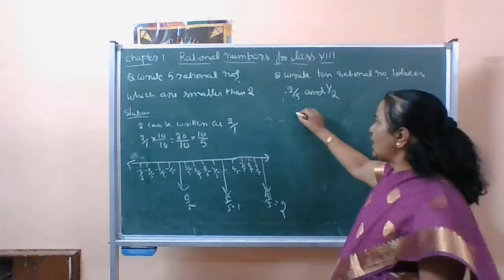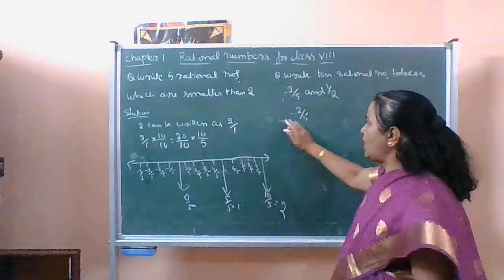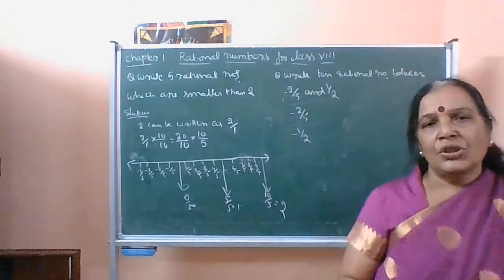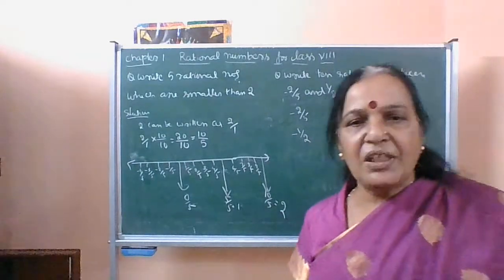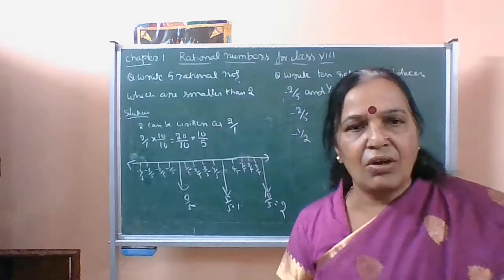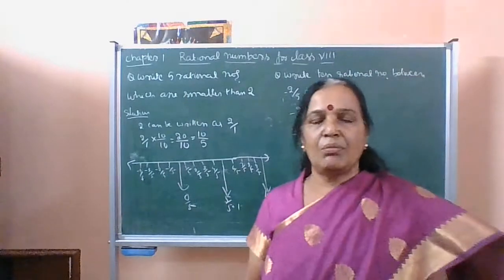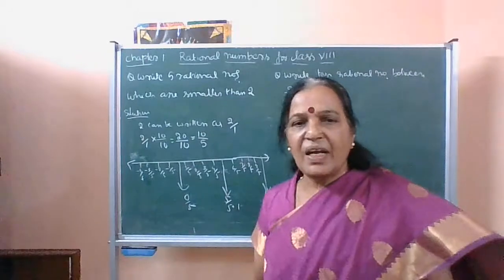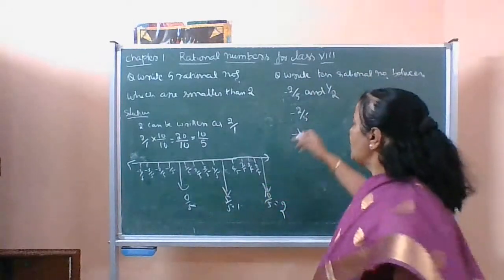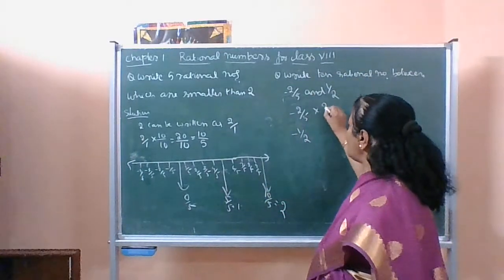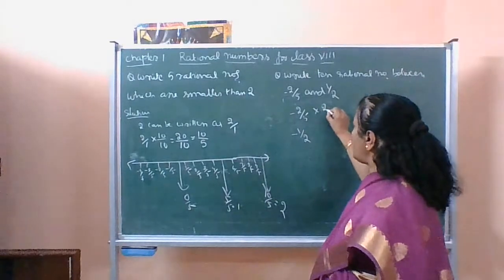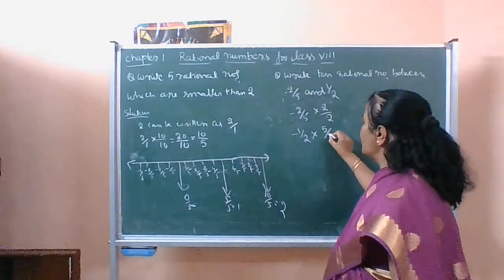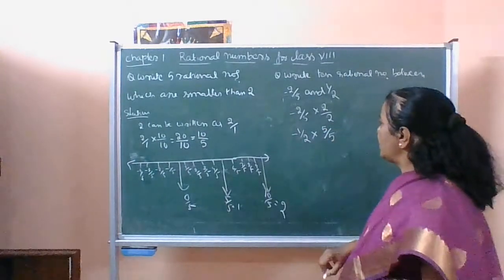Now, first you write minus 2 by 5 and here you write 1 by 2. Here, you have to multiply numerator and denominator by the same number to make the denominator the same, or by finding the LCM. Now I will multiply both numerator and denominator by 2 by 2, and here I will multiply both by 5.